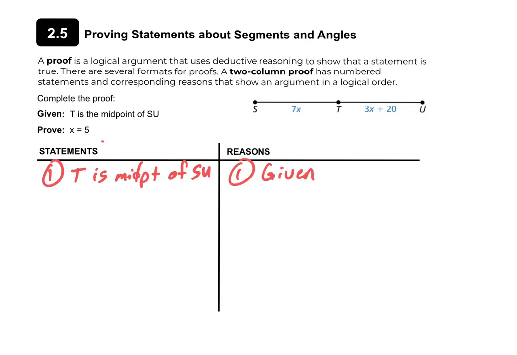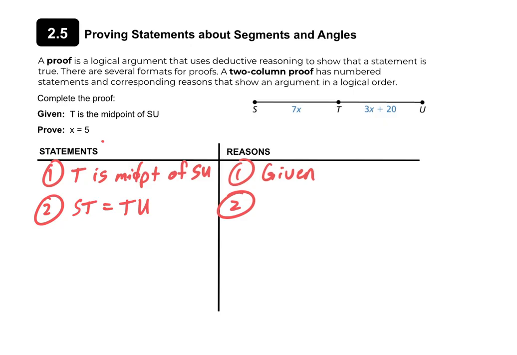It's in the middle of it. Okay, so what would be a next statement for us if T is in the middle? Okay. So I'm going to say ST is equal to TU. Okay, then we have to identify a reason.